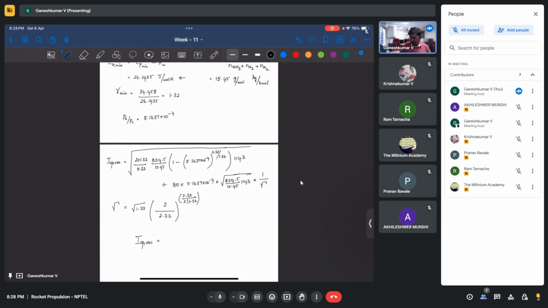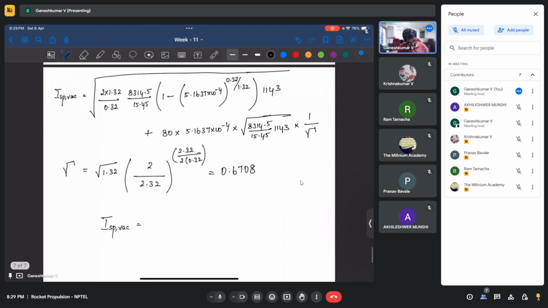So were anyone able to calculate? Let's say if I calculate gamma first, 2.32 and 2 divided by 0.32, into square root of 1.32. So capital gamma, I'm getting something like 0.616708.